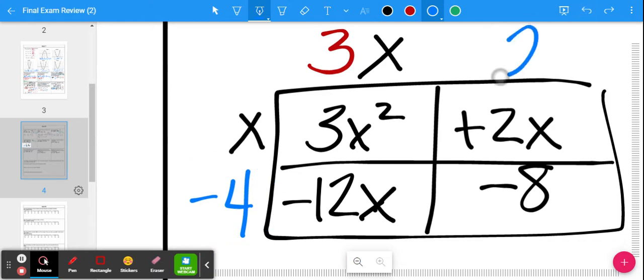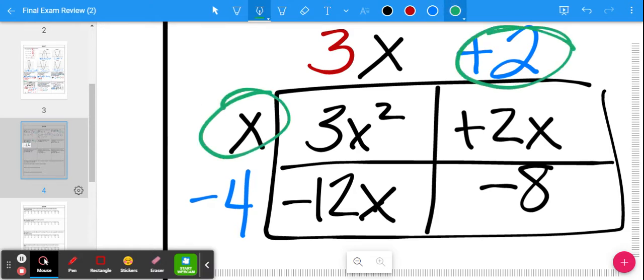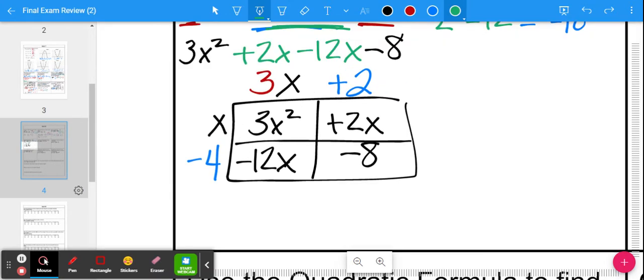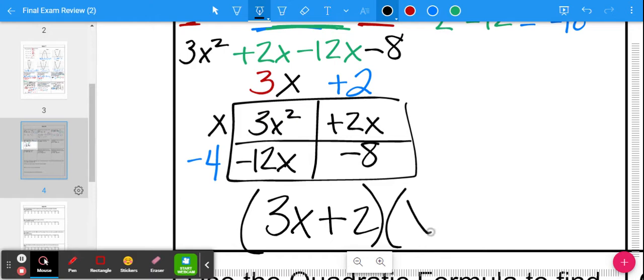So negative 4 times positive 2 equals negative 8. And then as a double check, 2 times x makes 2x. So because everything works out, you can double check by multiplying through the whole thing. But now I know that my binomials are 3x plus 2 and x minus 4.